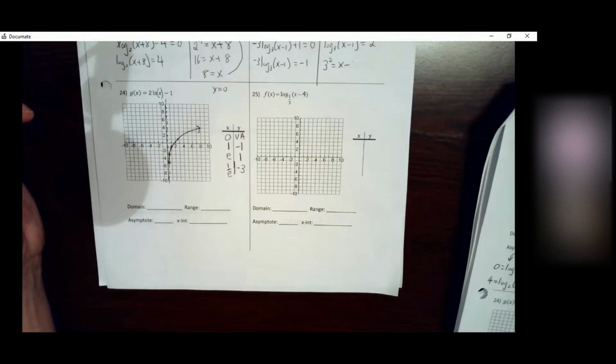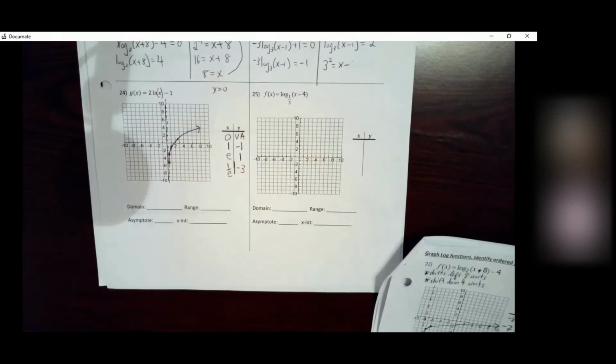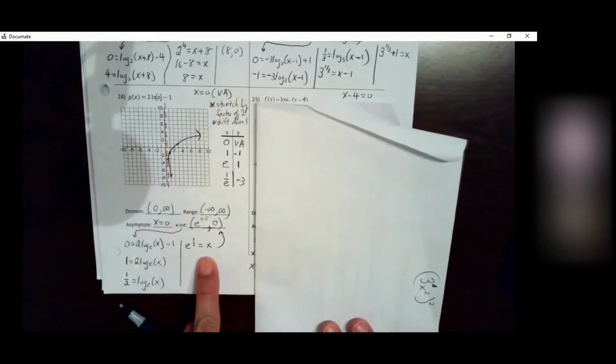And to find the x-intercept, e to the 1/2, 0. e to the 1/2 equals x. Yeah, that's what I got. Good.